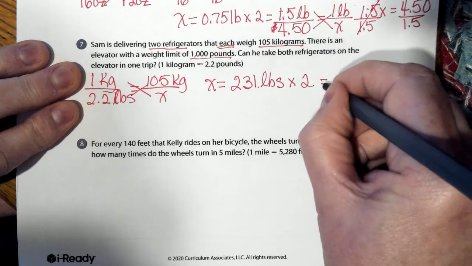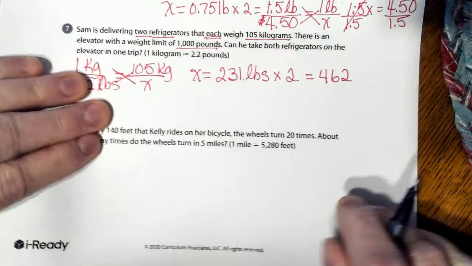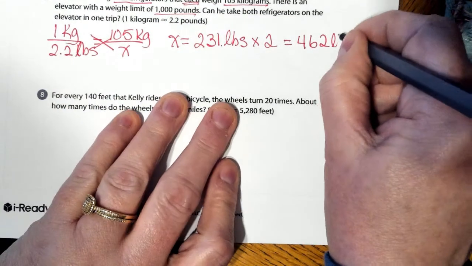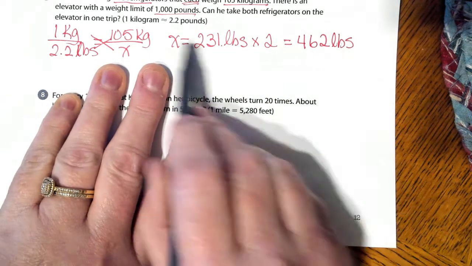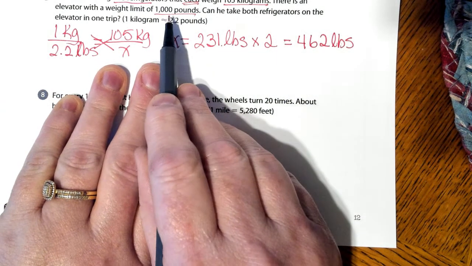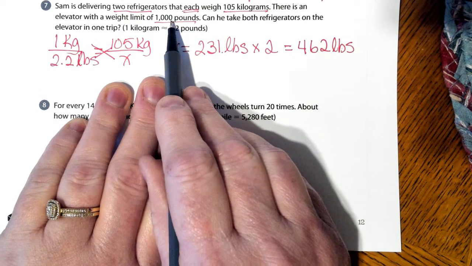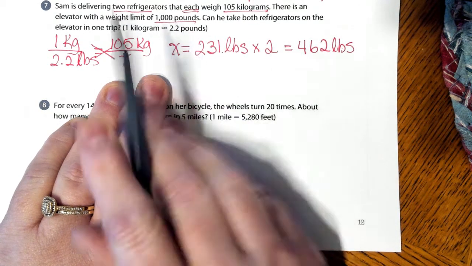And that is going to be 462 pounds. And unless he weighs over 500 pounds, I think he's okay to take the 2 refrigerators on the elevator, because it can take 1,000 pounds of weight.